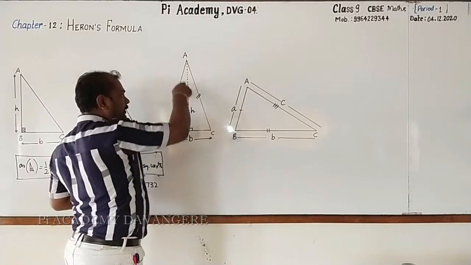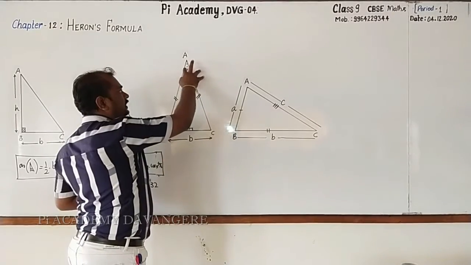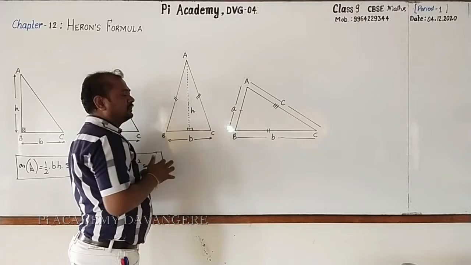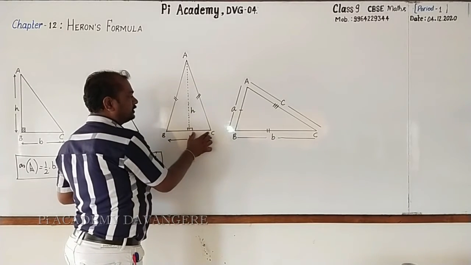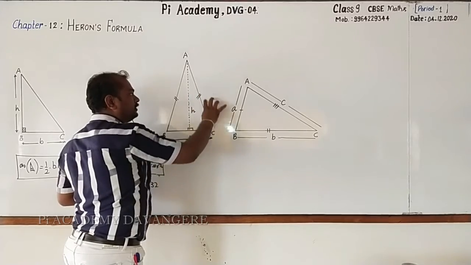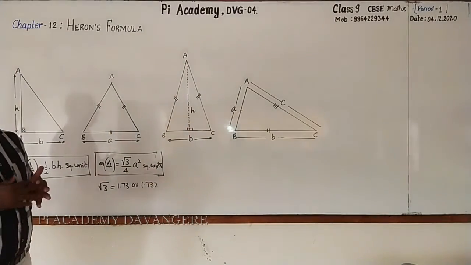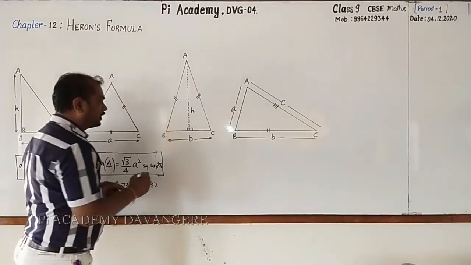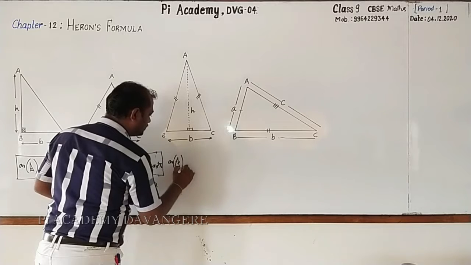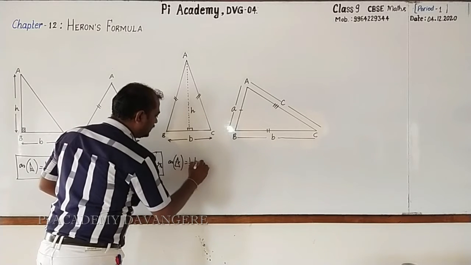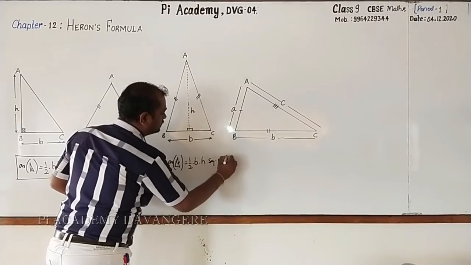We know that perpendicular drawn in an isosceles triangle bisects the vertex angle as well as the base. Followed? Then you will get half of the base. And you know this side. Using Pythagoras theorem also you can find out height. After finding the height, you can use the formula, that is half into base into height, square units.